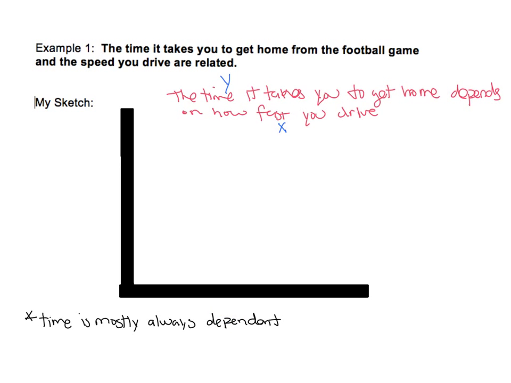So this is our y, this is our x, and we just said that time is our dependent, so that will go there, and how fast we go, so I guess we would describe that as speed. Okay, so our graph, how would it look?